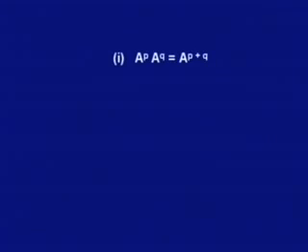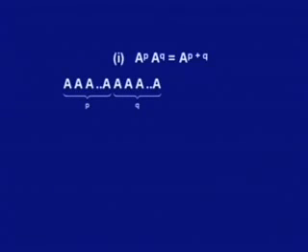Now I can introduce the meaning for A^p multiplied by A^q. By A^p I mean A multiplied p times, and A^q means A multiplied q times. So if I multiply A^p and A^q, I have a matrix A raised to power p plus q. This can be proved easily.